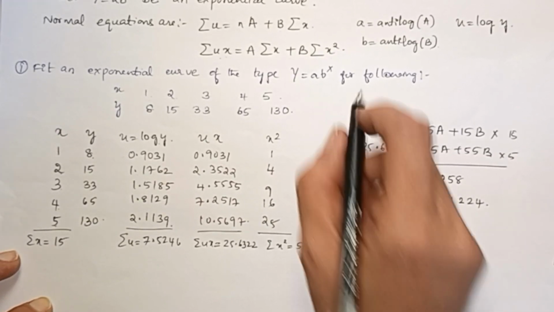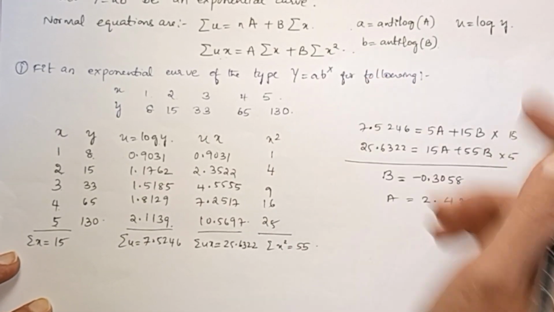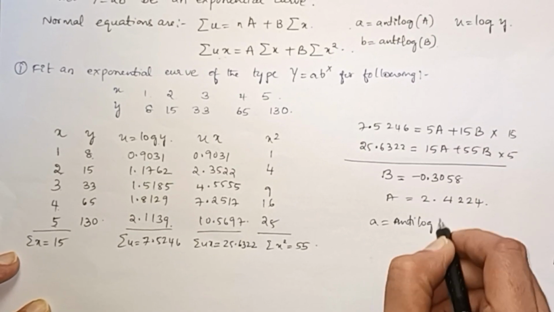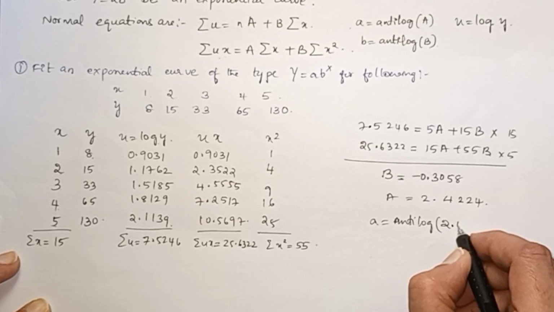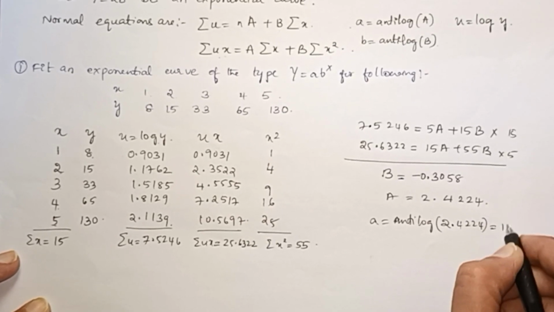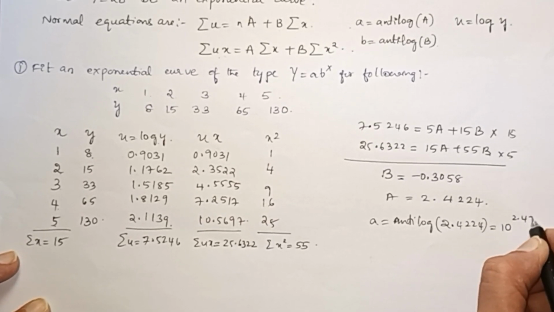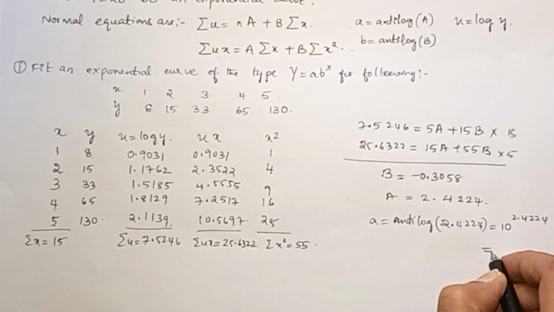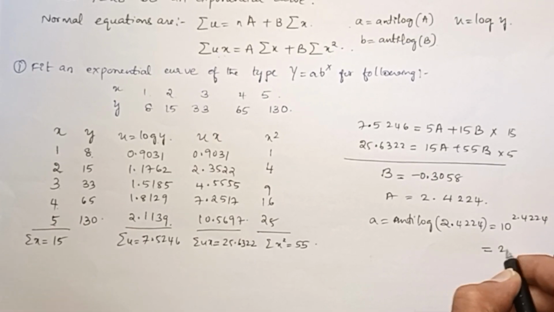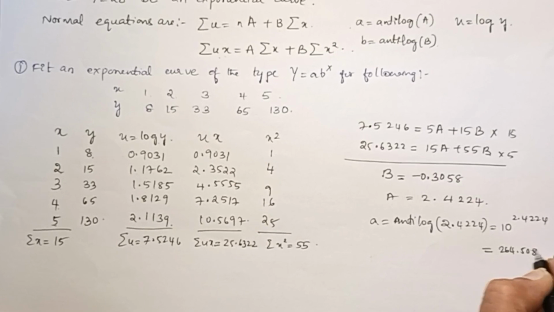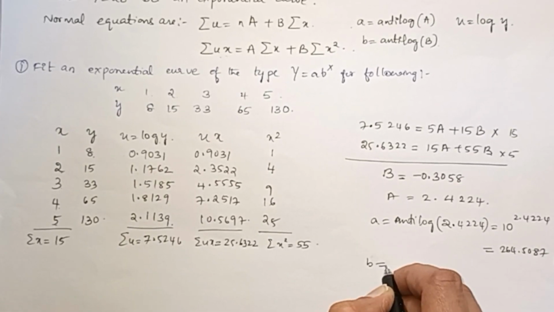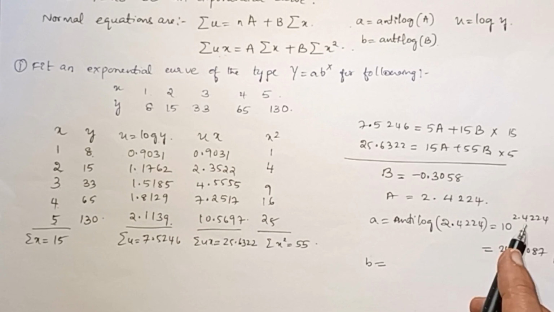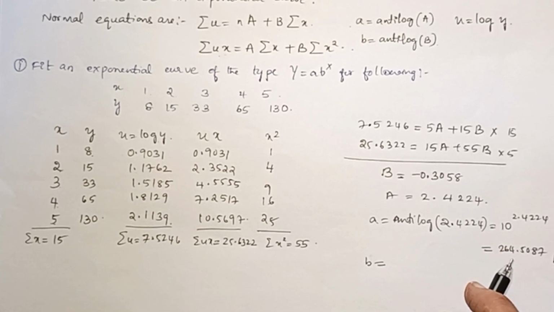Okay, but we want small letter a and small letter b, so a equal to anti-log of 2.4224, which is nothing but 10 to the power 2.4224. That gives you small letter a equal to 264.5087. Similarly, b comes out to be antilog of this value, which is 10 to the power, that comes out to be 0.4494.